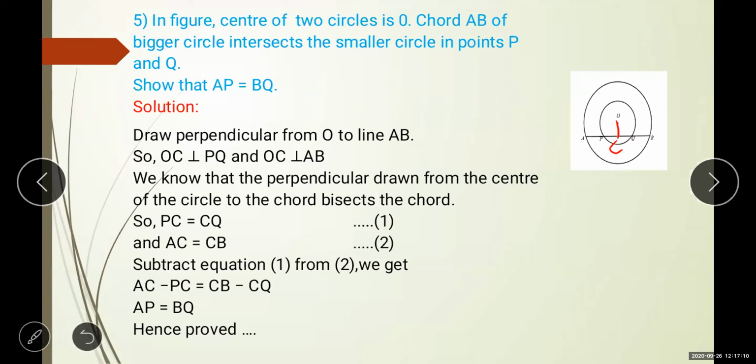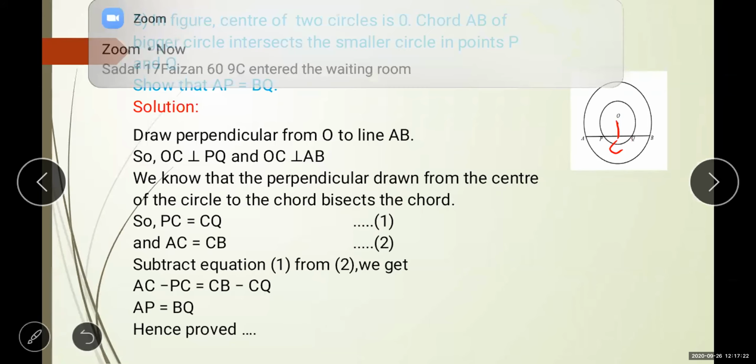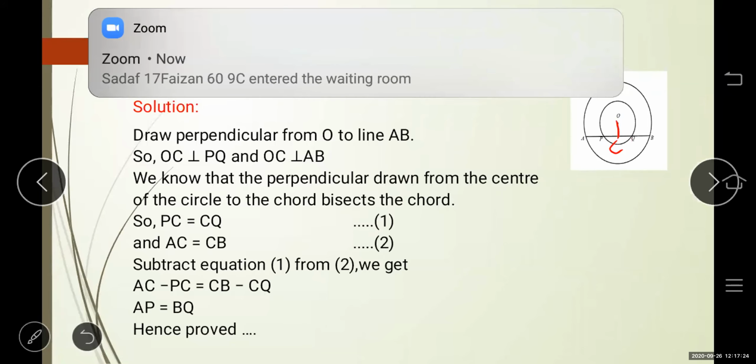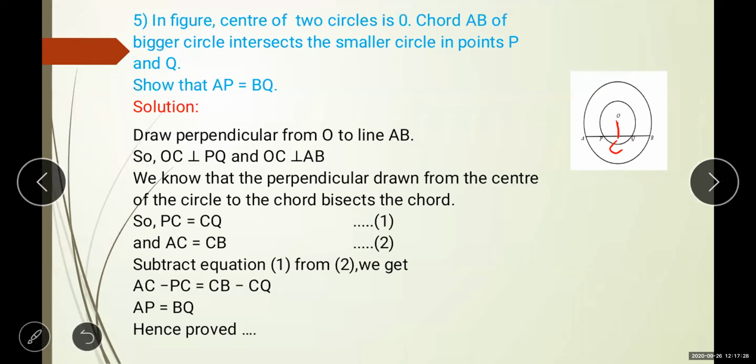So OC bisects the chord, whether it is of the smaller circle or the bigger circle. So OC bisects PQ, so PC is equal to CQ.